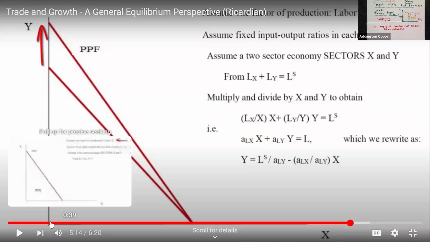Said differently, the consumer is indifferent, I'm going to say between. Between is not the correct part of speech. I should say among, but in this case, between, say B and C, or among all bundles that fall on the curve.